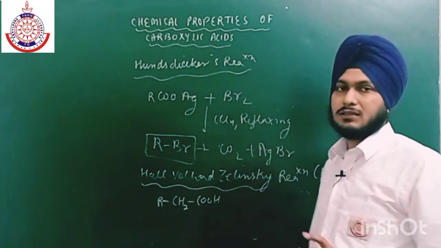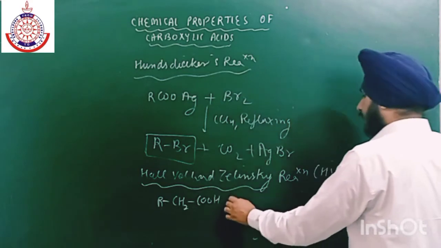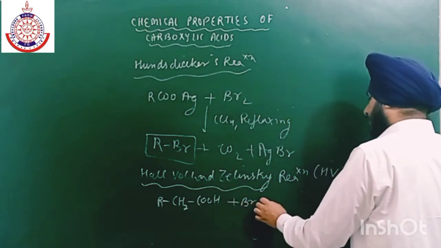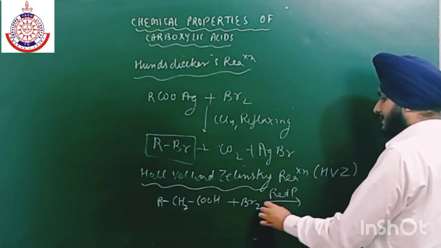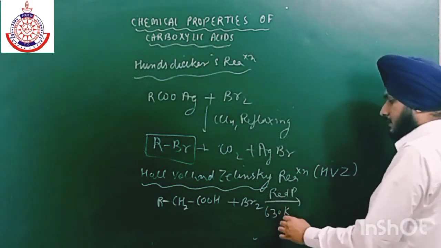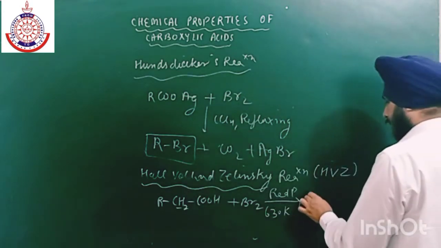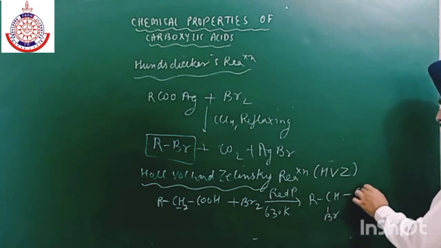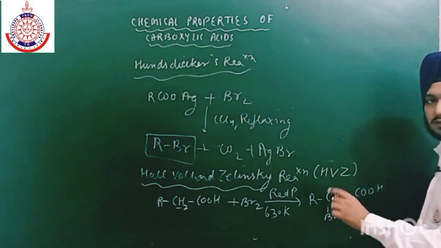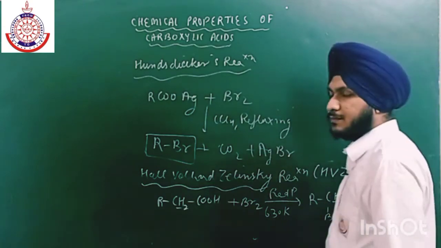So the compounds having alpha hydrogen, when we react it with bromine, Br2 or any Cl2 in presence of red phosphorus at 630 Kelvin, this hydrogen gets replaced by bromine and we will get this product. Again if we do the same process, then the next hydrogen will also be replaced by the bromine.